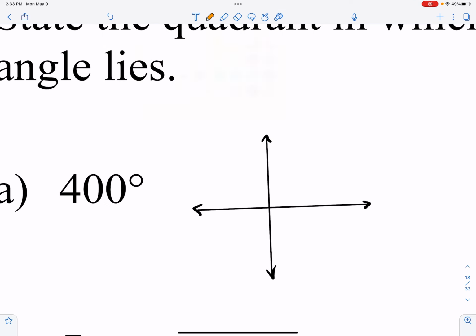It starts on the positive x-axis, and then it must rotate all the way around in the counterclockwise direction, and then it will go 40 degrees back into quadrant 1 to terminate in quadrant 1.